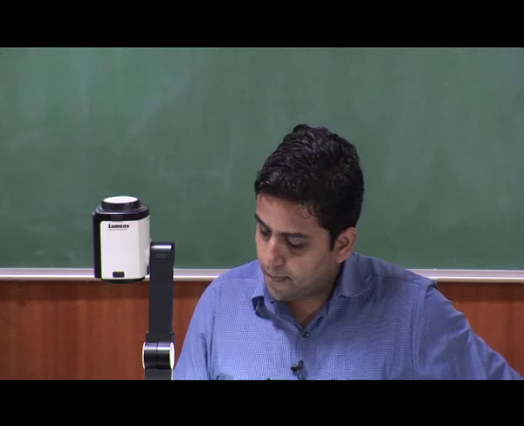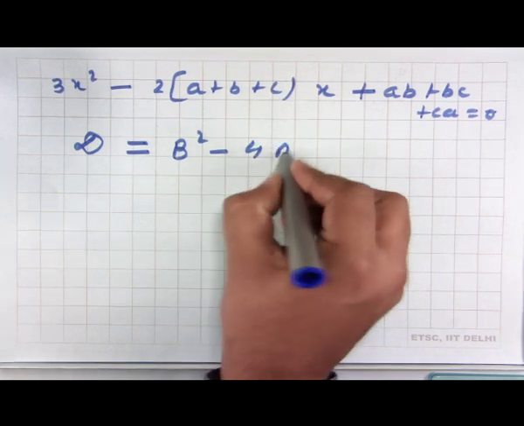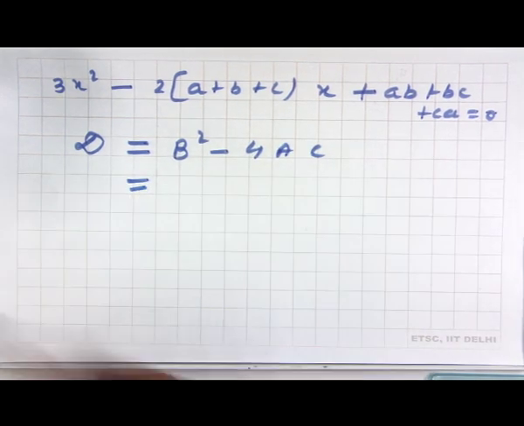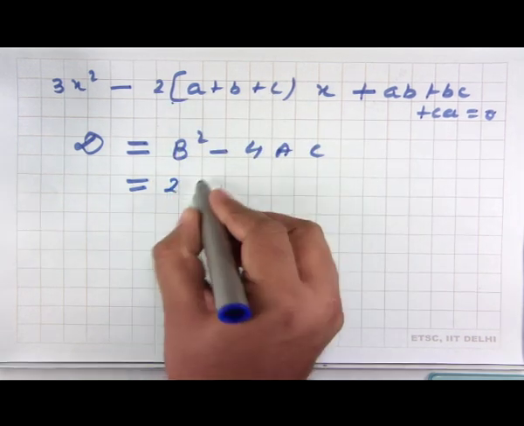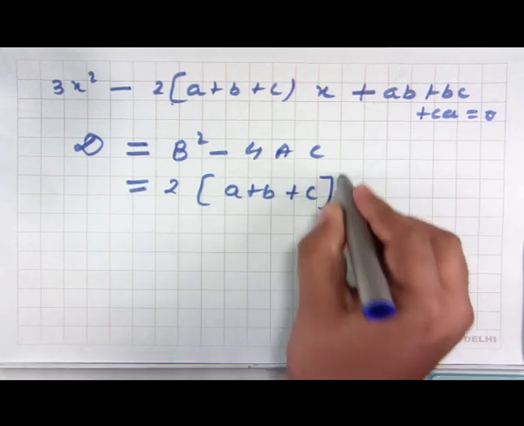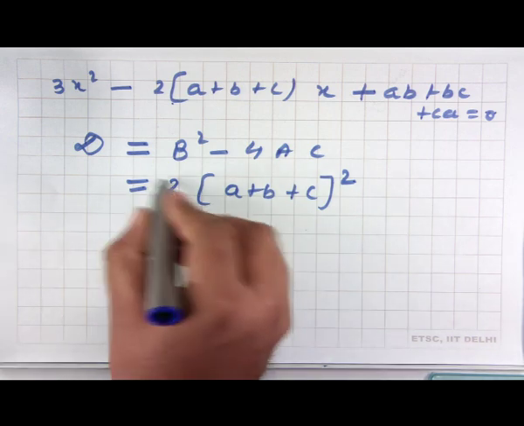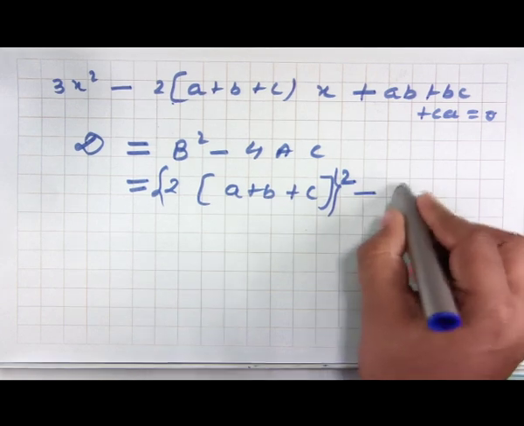Discriminant will be d equal b square minus 4ac. The value of b is this one, 2 bracket a plus b plus c to the whole square, and minus 4.